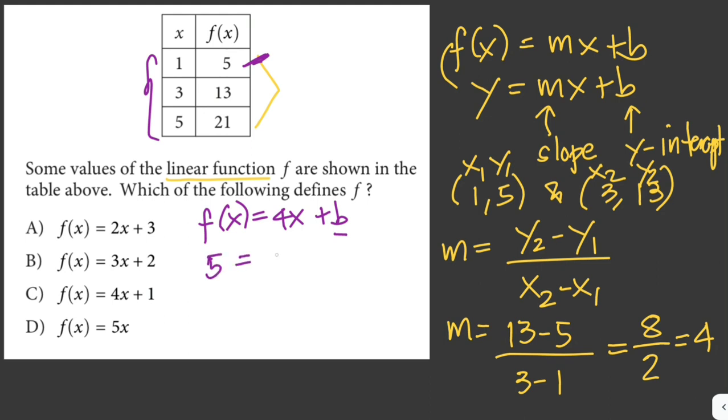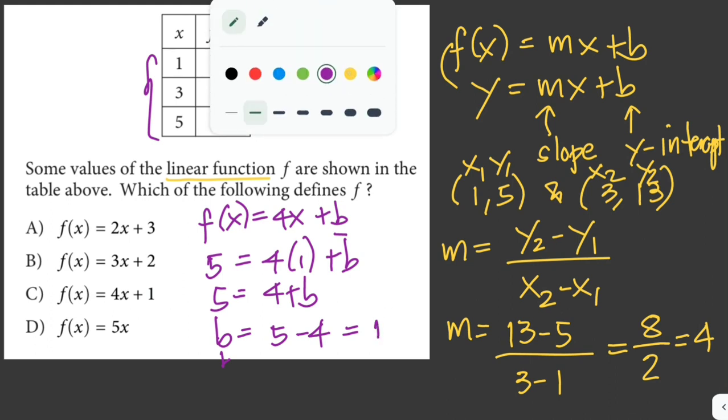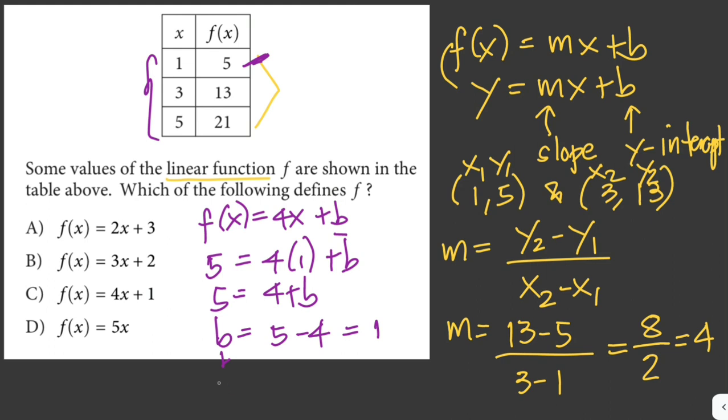So that is 5 equals 4 times 1 plus b. So b is just equal to 5 minus 4. So our y-intercept is just equal to 1. Therefore, the equation of the line or the linear function f of x is just equal to 4x plus 1. So our answer here is letter C.